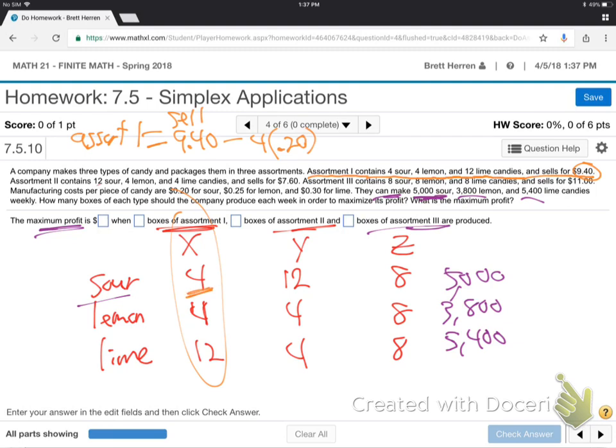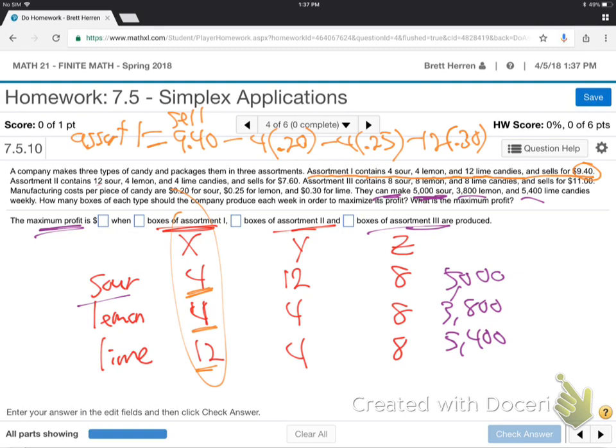Because there's 4 sour candies in every assortment 1 box, and those candies cost them 20 cents each. You're going to have to subtract 4 times 25, and subtract 12 times 30. That's all the costs of the 4, 4, 12 candies in an assortment 1 box. Y'all see that?